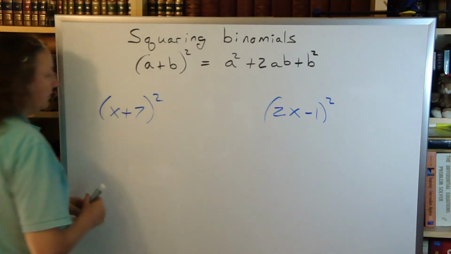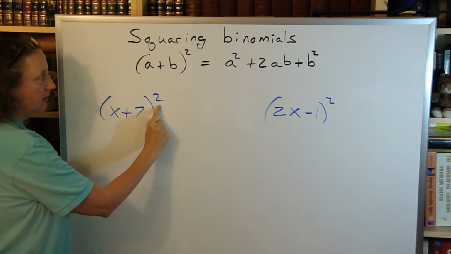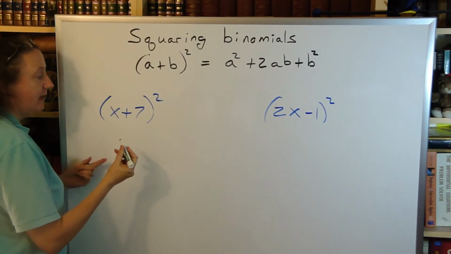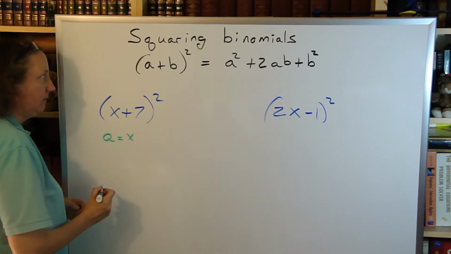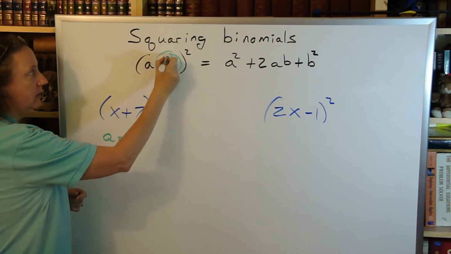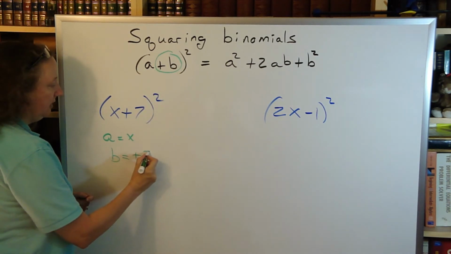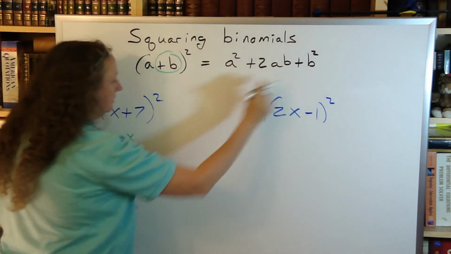So looking at this, x plus 7, the whole thing being squared. That matches up just like that. So I identify what is A. A is x. What is B? It's my second term. I'm going to include the sign with it. So B is positive 7. So now I want to write this out.